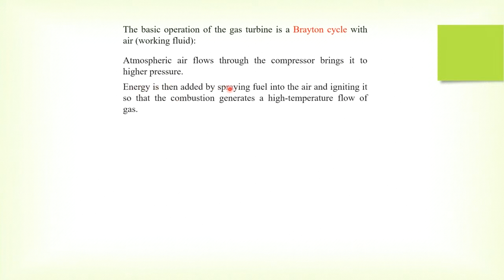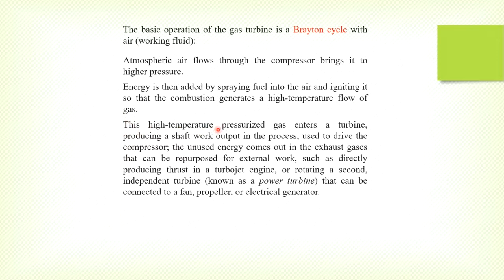Energy is then added by spraying fuel into the air and igniting it, so that the combustion generates a high temperature flow of gas. Then this high temperature pressurized gas enters a turbine, producing a shaft work output in the process, used to drive the compressor.